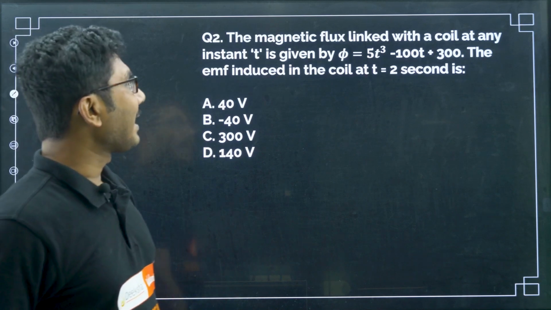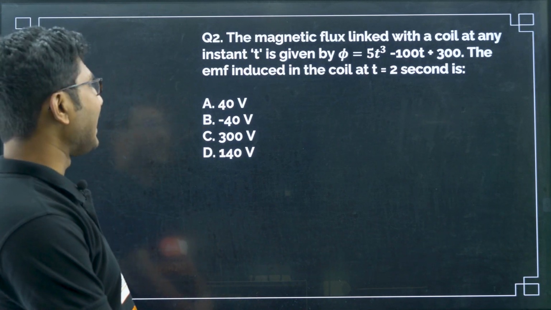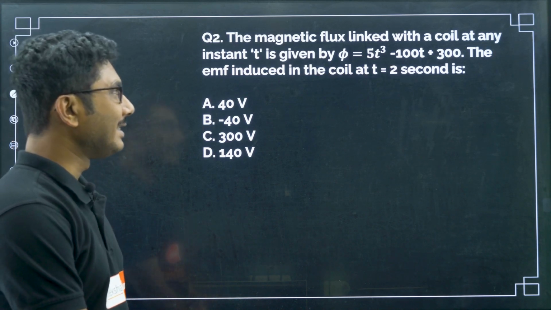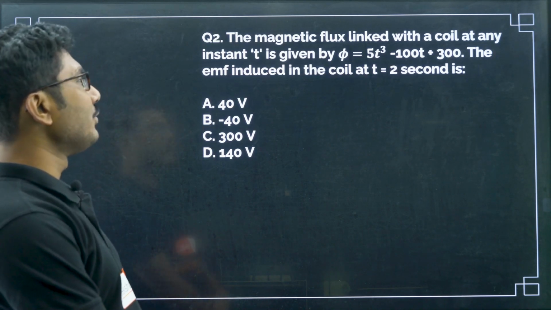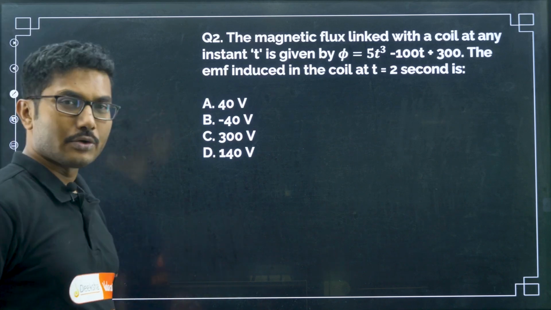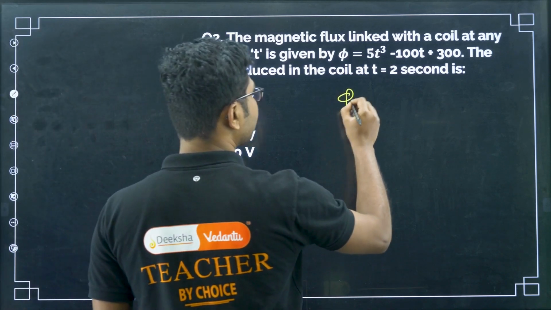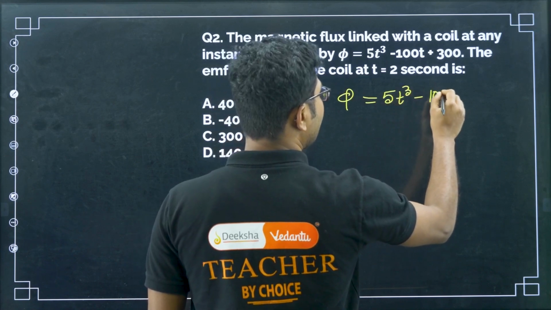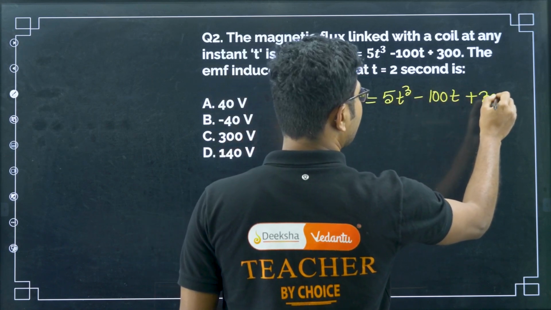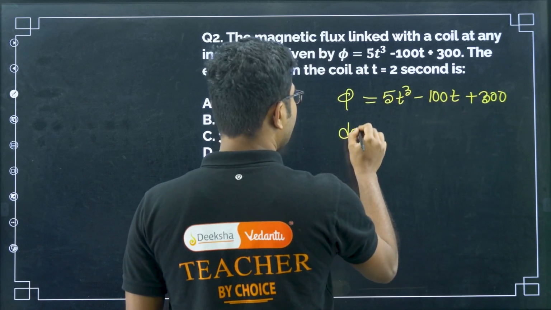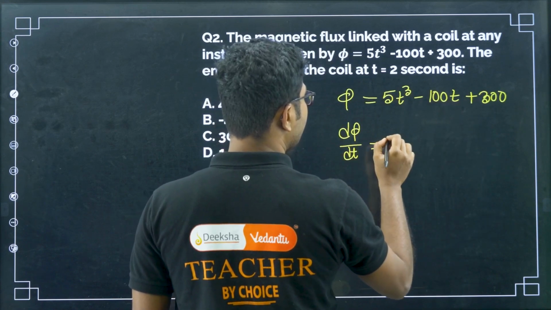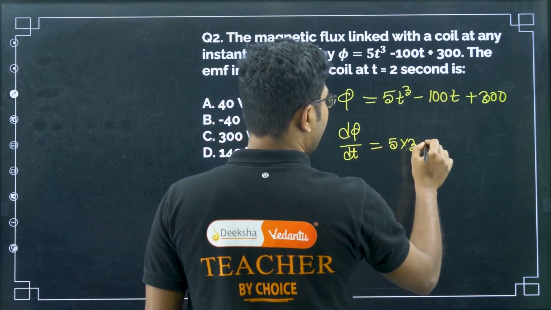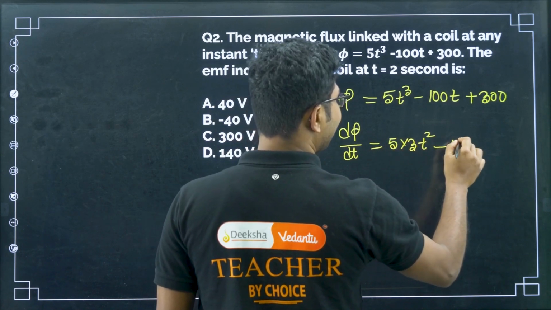Next question: the magnetic flux linked with the coil at any instant t is given by phi equals 5t cube minus 100t plus 300. Find the EMF induced in the coil at t equals 2 seconds. So phi is given as 5t cube minus 100t plus 300. Then d phi by dt equals 5 times 3t square minus 100.